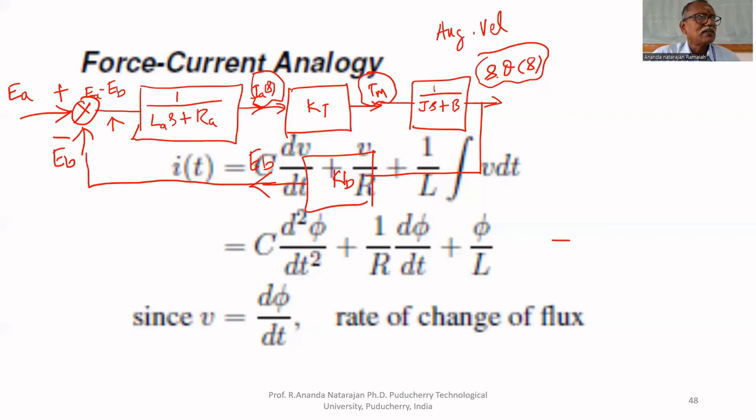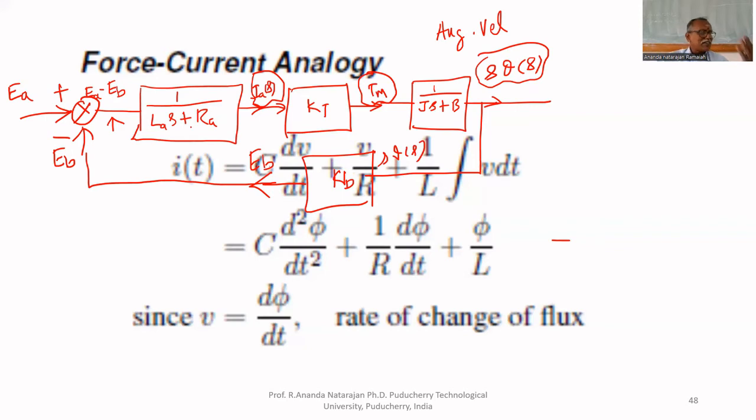S means d theta by dt is written as S theta of S. Therefore, this is angular velocity. That angular velocity is given as input to this block, which gives back EMF.